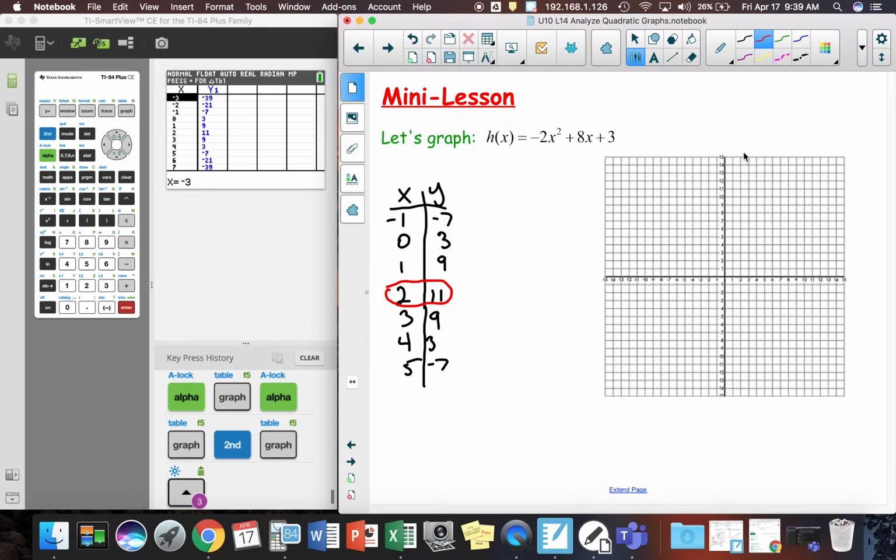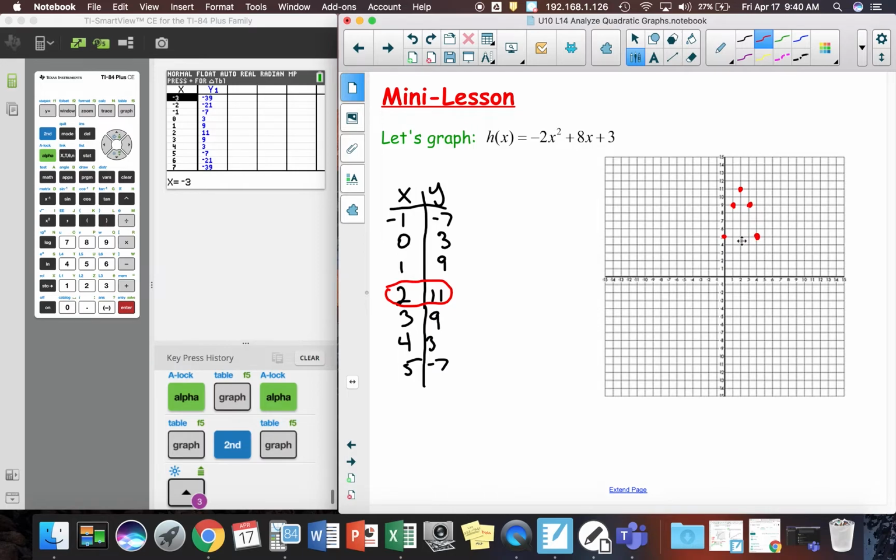So I have 2, 11. There we go. And we have 1, 9, and we have 3, 9. I know that there's going to be a pattern there. I have 0, 3. I have 4, 3.